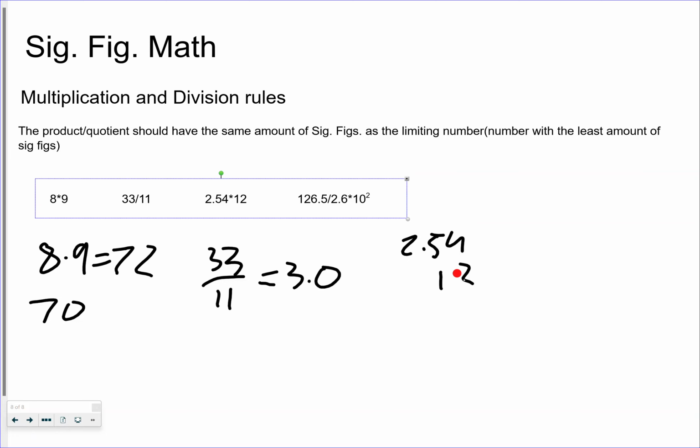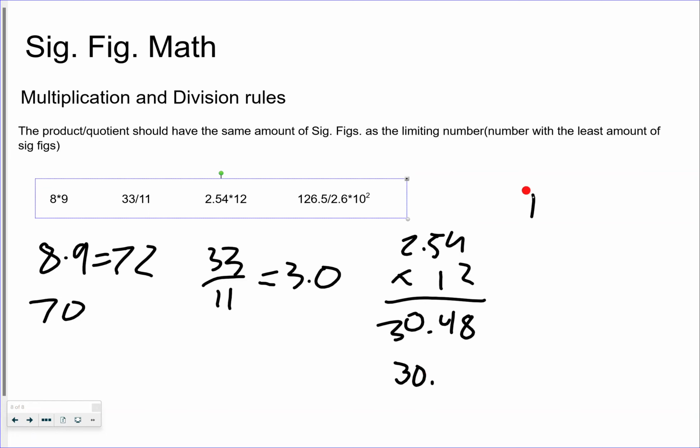When we crunch that math, we get 30.48. So we need to have 2 sig figs in our final answer. So our number would be 30. because of that 12.